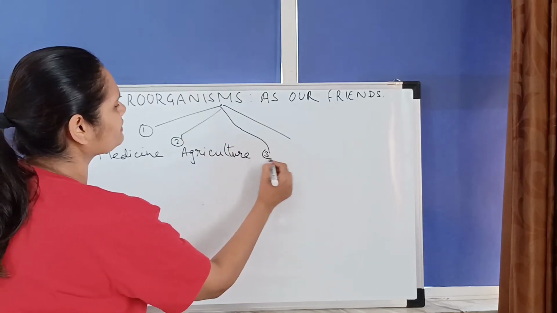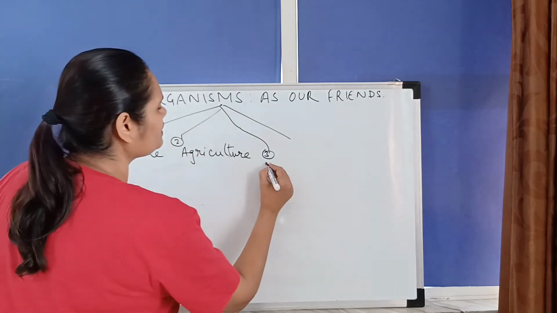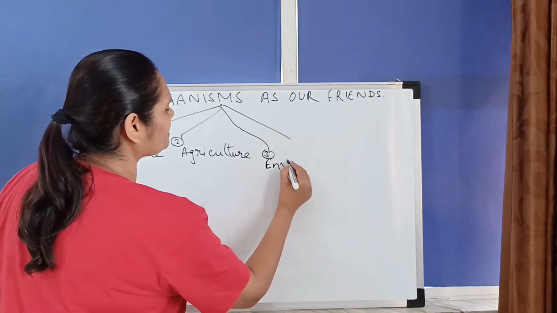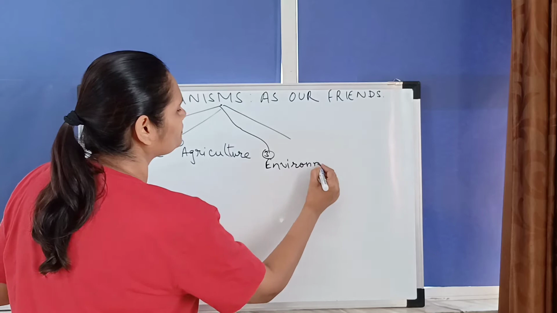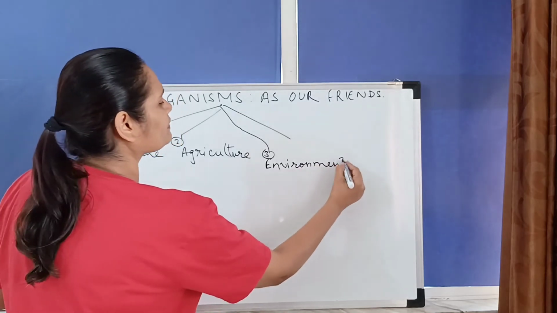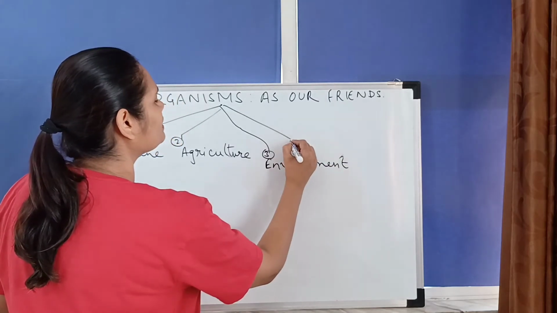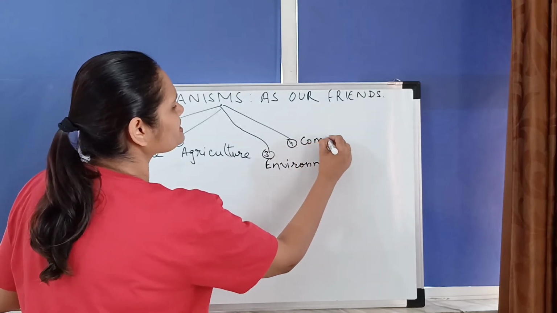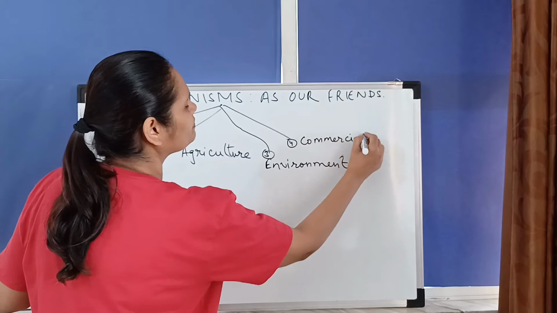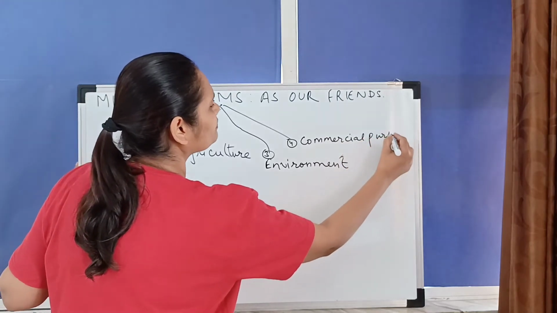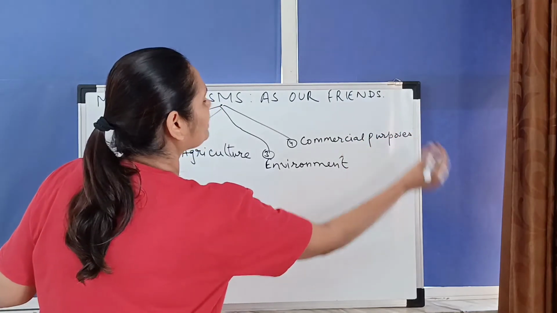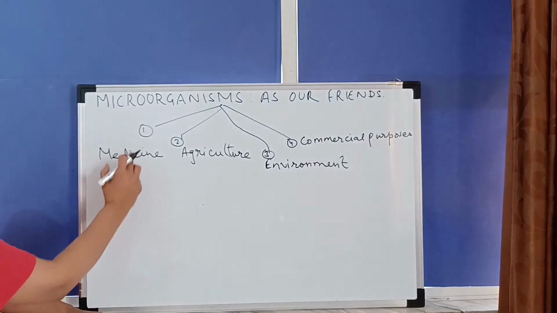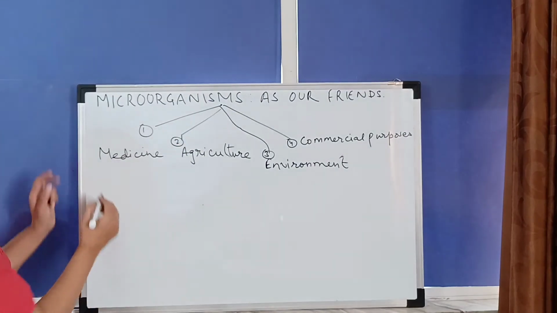Number three, they are helpful for the environment. And number four, they are helpful for commercial purposes. So first we will talk about medicine. How are microorganisms useful in medicine?